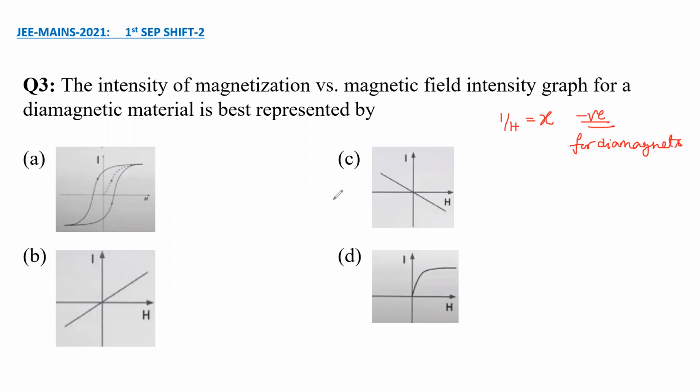And therefore, the correct answer should be option C. But in the NCERT textbook, many of you might have seen the option A graph, but you have to understand it is B versus H, and that is to show a hysteresis behavior. But theoretically speaking, I by H is susceptibility and it is negative. So the most appropriate option should be option C.